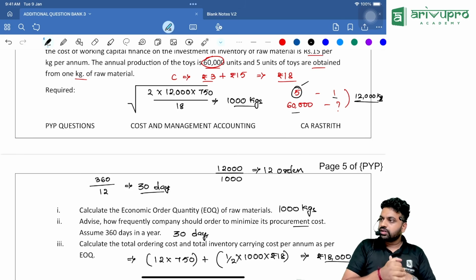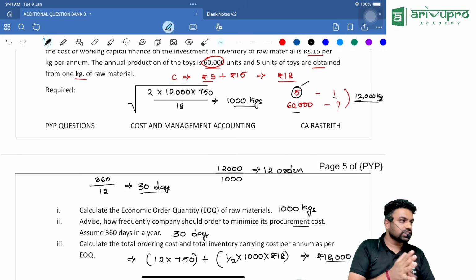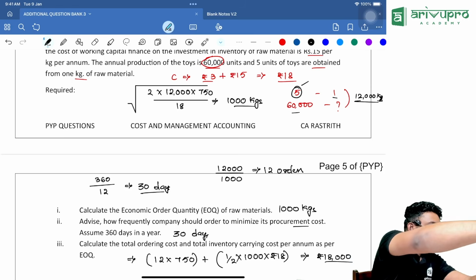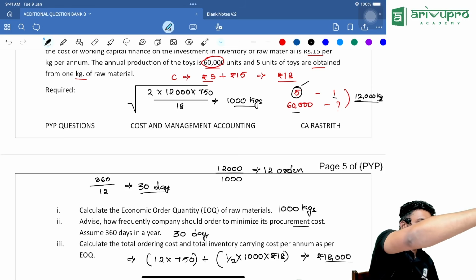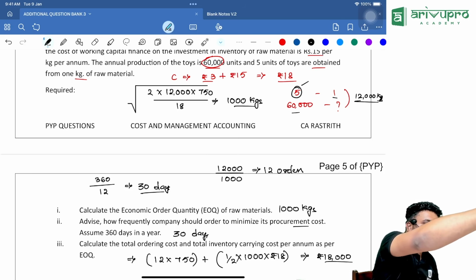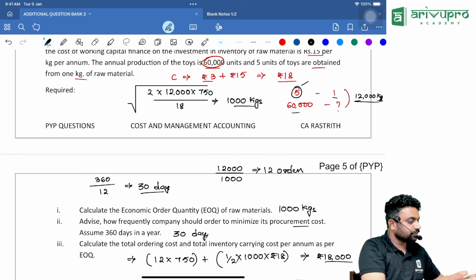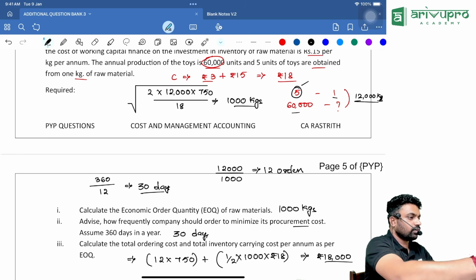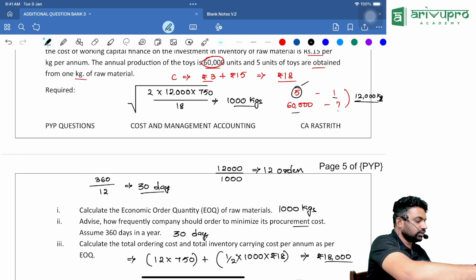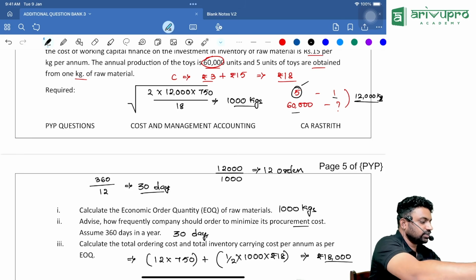Ordering cost is what, sir? How to arrive at ordering cost? Number of orders into ordering cost per order. How many orders are we placing? 12 orders.